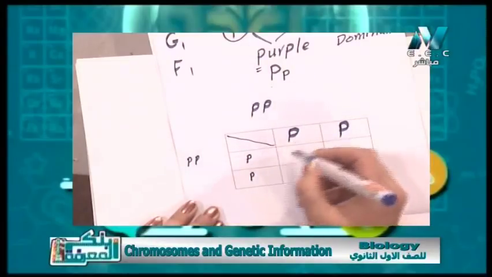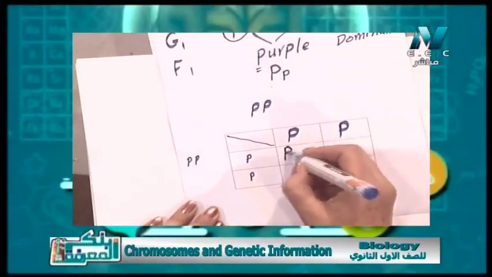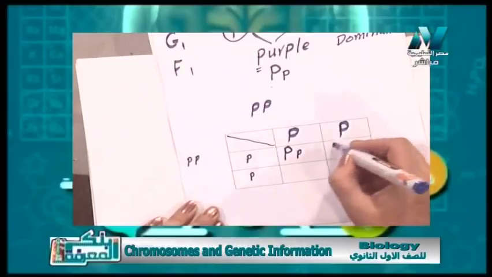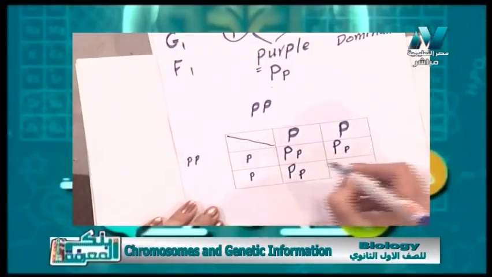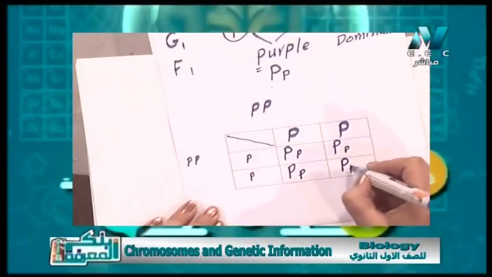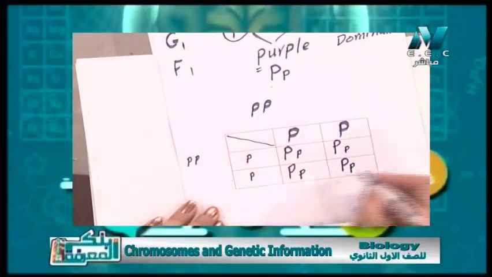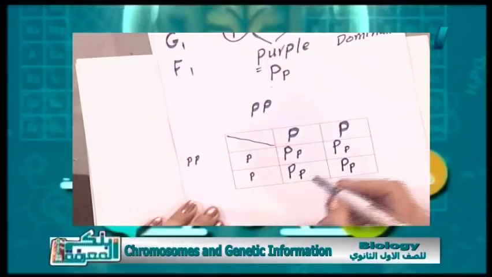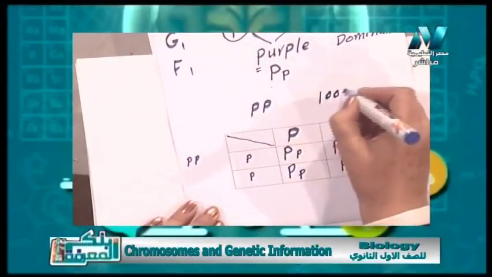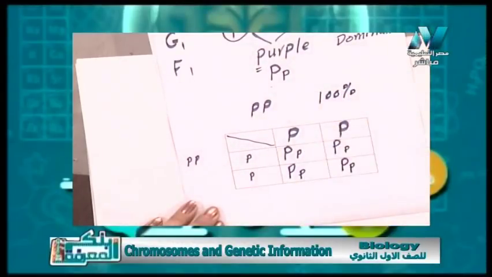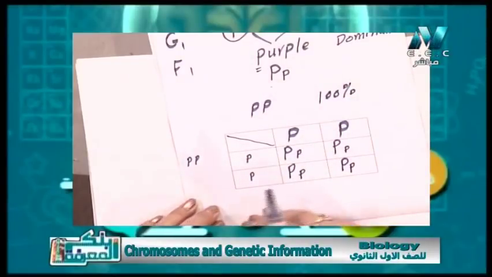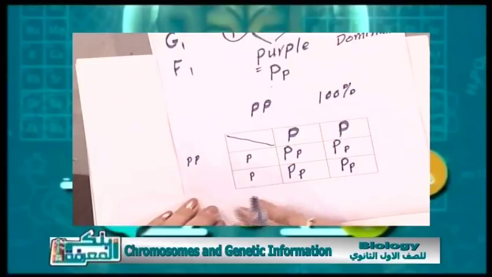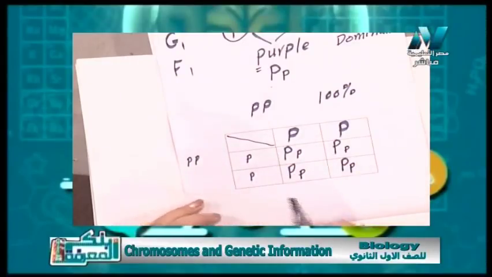By crossing them together, all of them will be capital P, small p. So all individuals become purple. So 100% of the first generation carries the dominant character. All of them are purple.